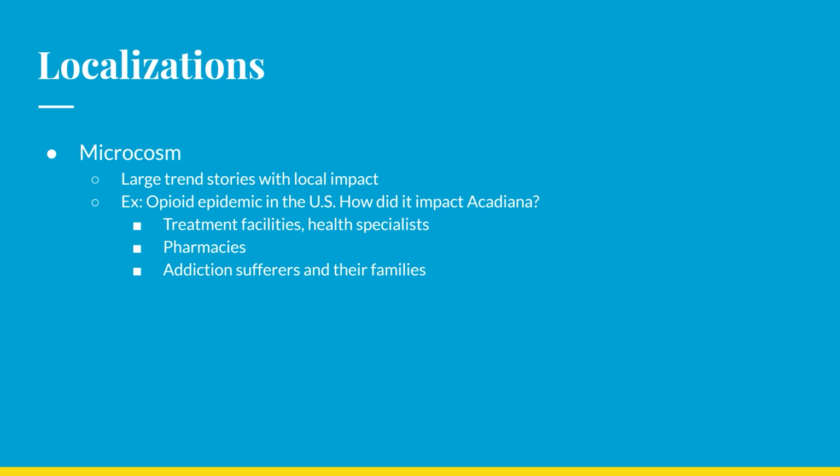You can, of course, talk to health specialists or treatment facilities in your area, and that would be a way to localize this story. You could do similar things with hurricanes, or if there's maybe a trend in increasing tuition in state-run schools. Well, you can actually go to people at UL, and that would localize it to Lafayette and the UL Lafayette community.